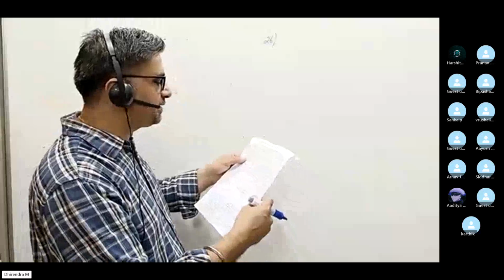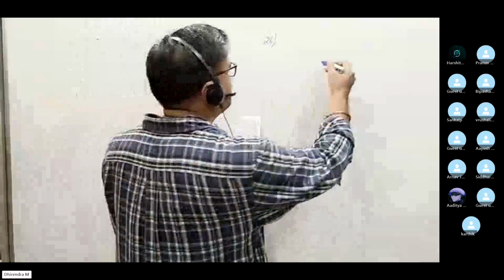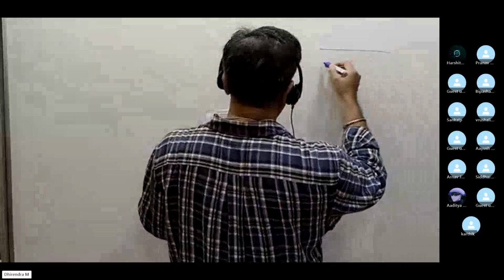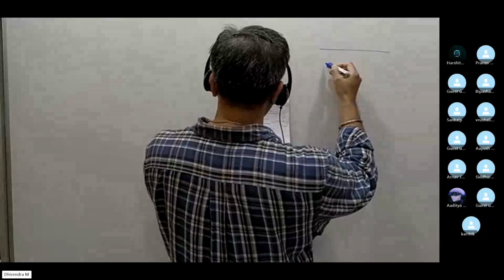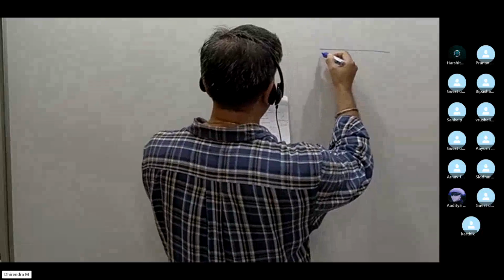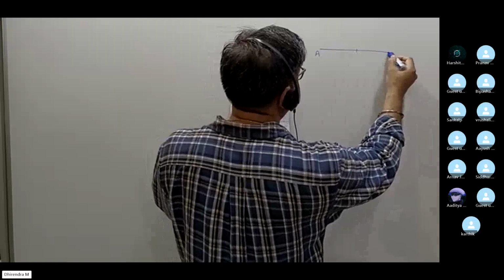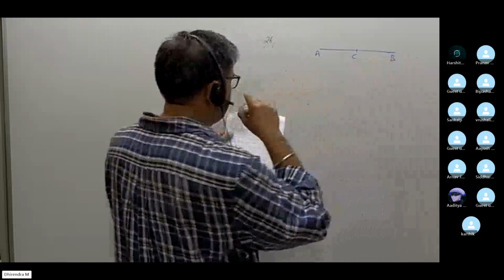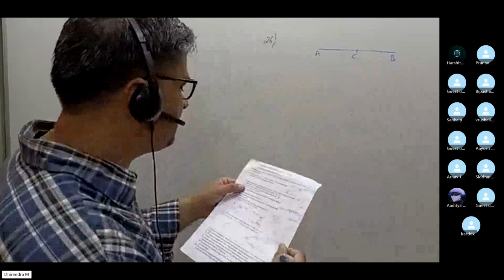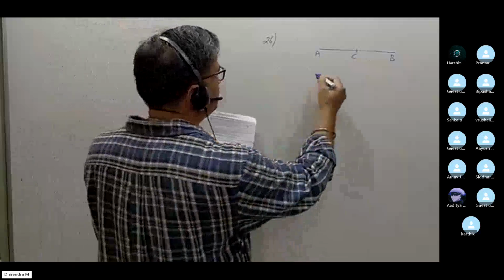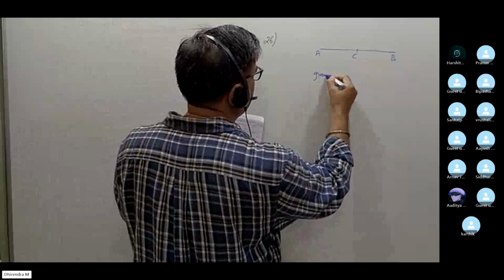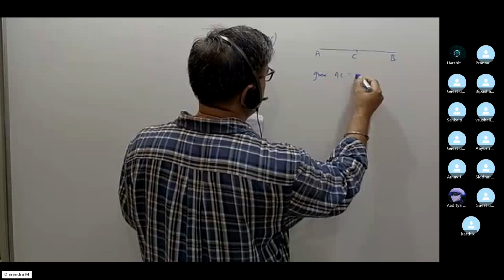So question number 26, the point C lies between 2 points A and B. That's the line AB. This is A and this is B, and there is a point C such that AC is equal to BC.